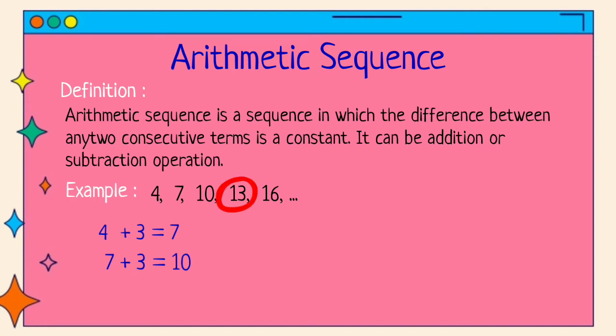The fourth term is 13. It's obtained by adding 3 to the third term. That is, 10 plus 3 equals 13. The fifth term is 16. It's obtained by adding 3 to the fourth term. That is, 13 plus 3 equals 16.